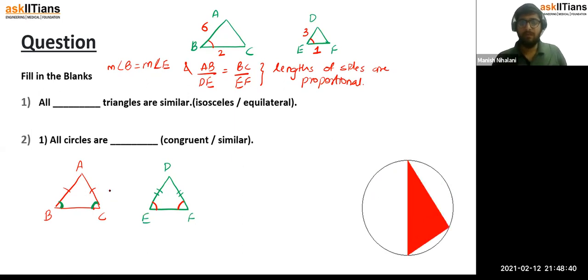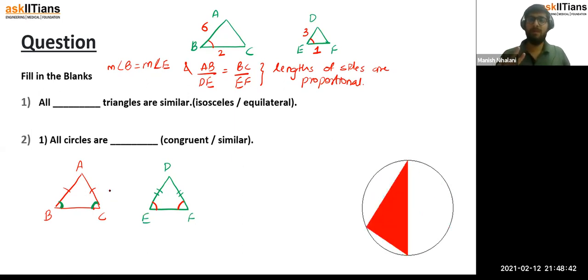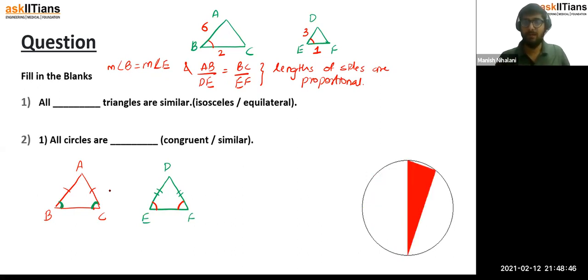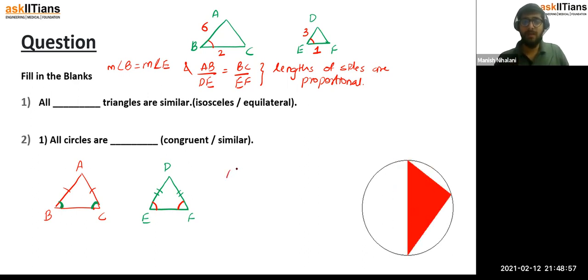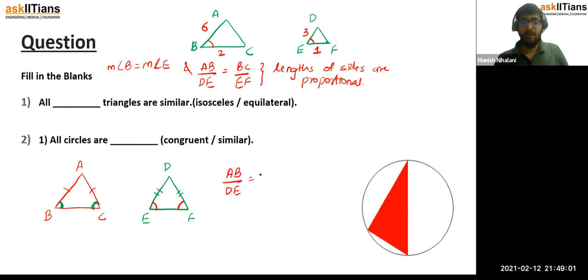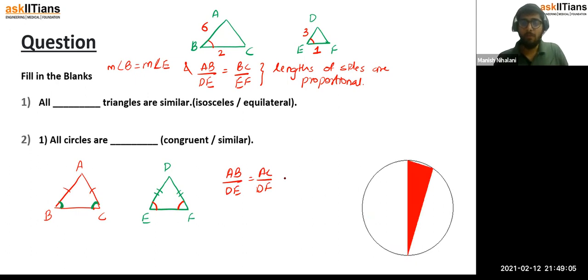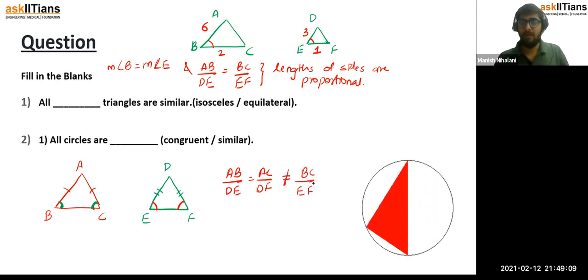Because see, what did we say? When will two polygons be similar? If their corresponding sides are in proportion and the angles are equal. So here the corresponding sides will always be in proportion. You will say no, because AB upon DE can be in proportion with AC upon DF, but they need not be in proportion with BC upon EF, right?